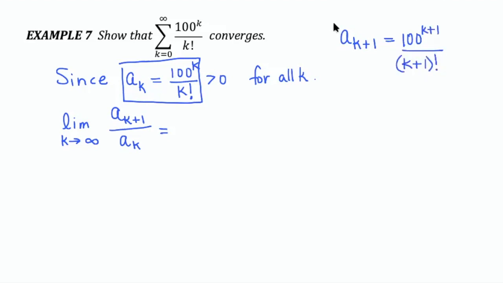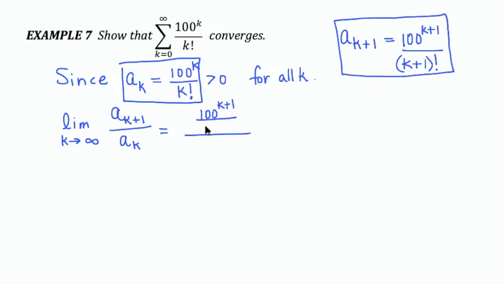And now I have the two things I need to substitute into my ratio. So I will have the numerator is going to be 100 to the k plus 1 over k plus 1 factorial. And that's divided by 100 to the k power over k factorial.